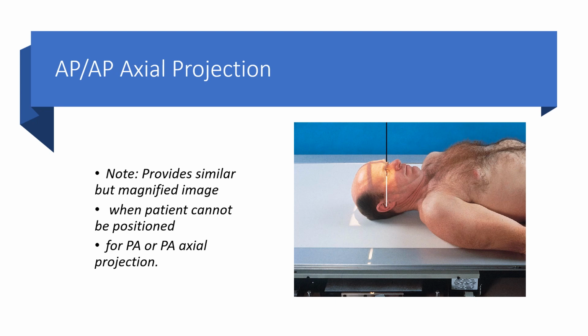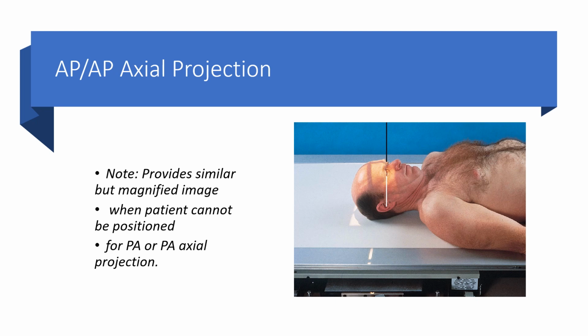All right, so AP and PA axial projection, when you're in a trauma, you can substitute a reverse Caldwell if you have to, okay? Now, when you substitute an AP for a PA, the PA is the standard projection.